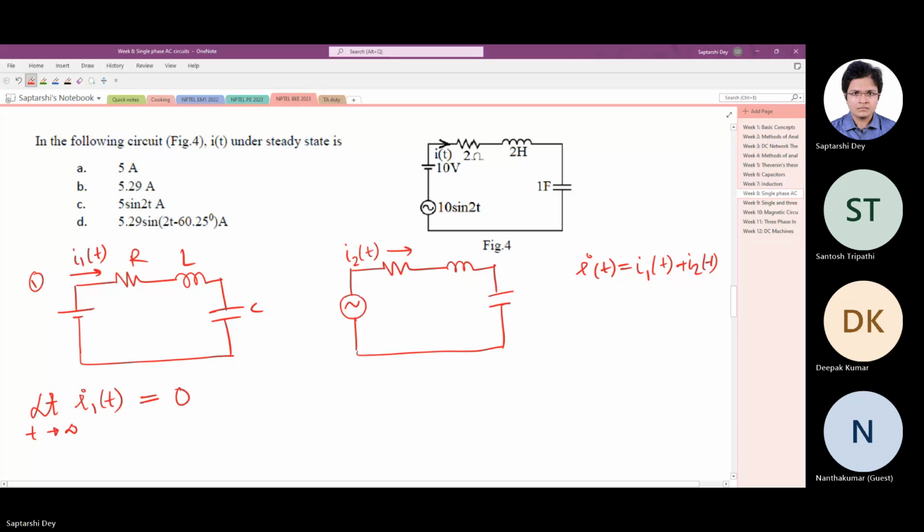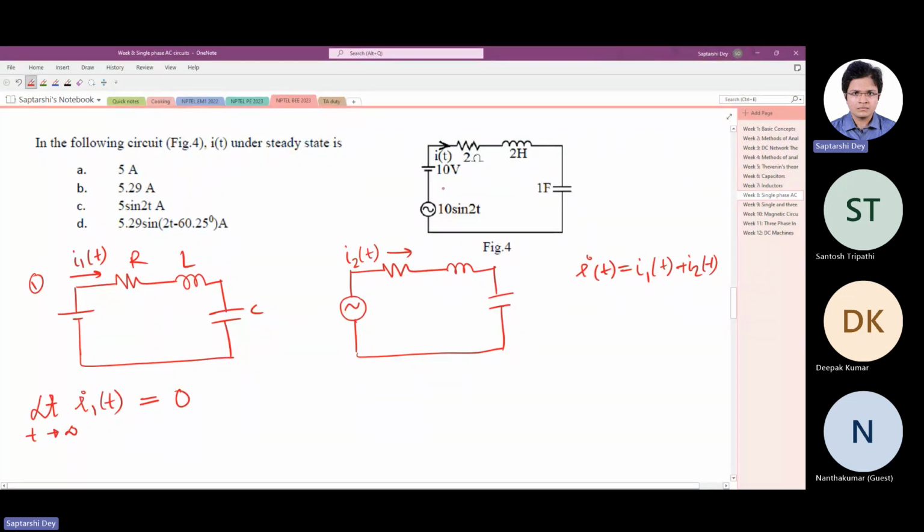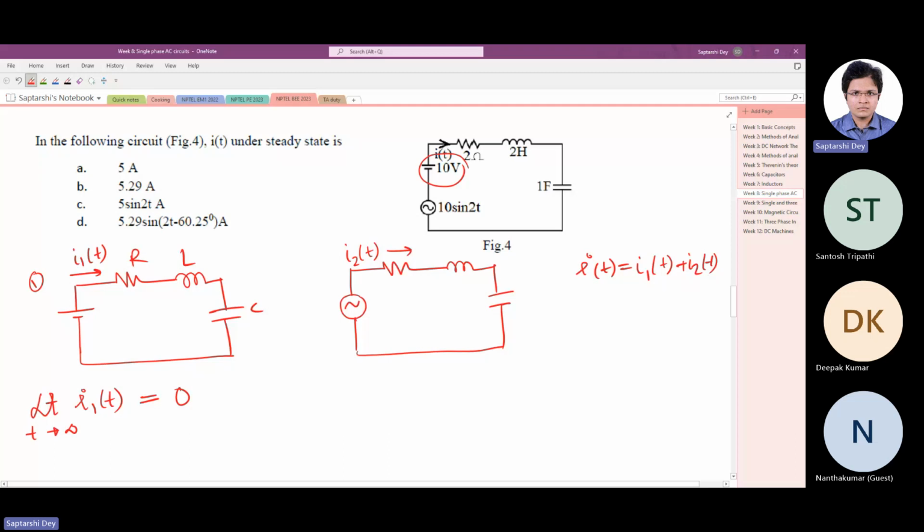So basically the answer to this question does not depend on this DC voltage source. It can be 10 volt, it can be 100 volt, it can be 10 kV. The answer will be the same. Now, whatever steady state current we get in the second circuit will be our answer.